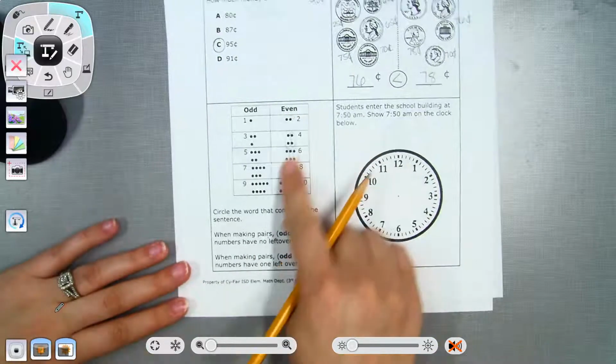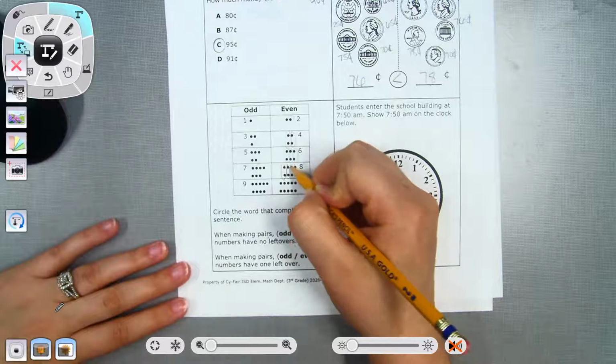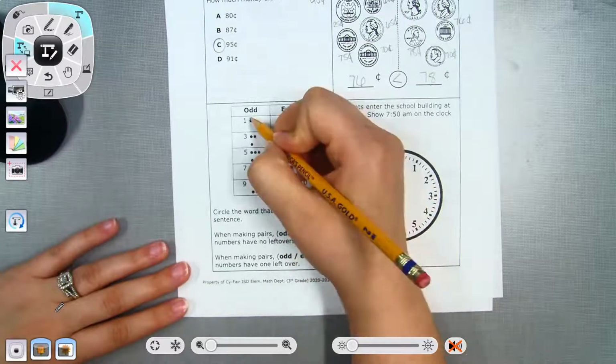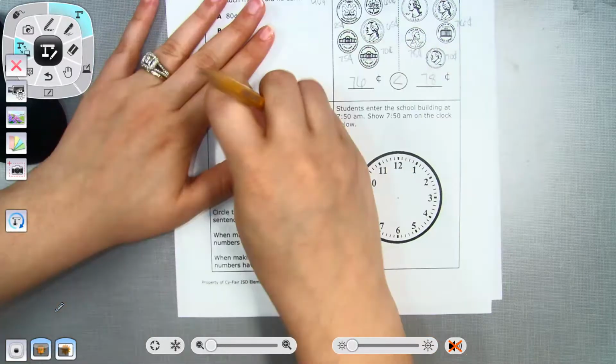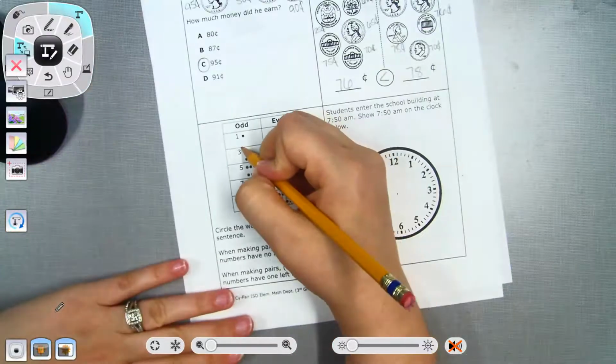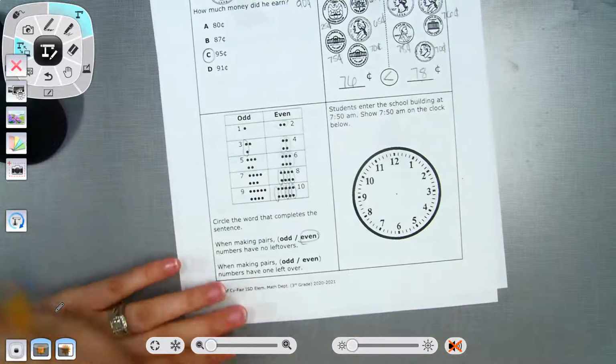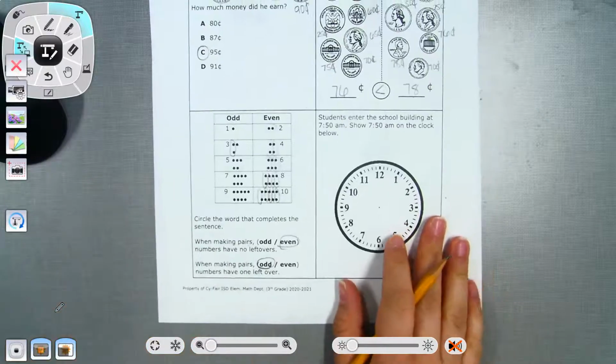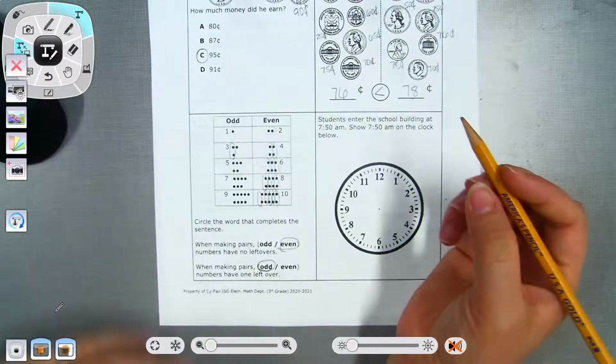So you see, none of these have a leftover. Now, if I go to pair these up, I can't pair that one up because there's nobody to pair with. Number 3 I can pair up, but I have a leftover. When making pairs, odd numbers have 1 left over. And you can kind of see that in the picture.